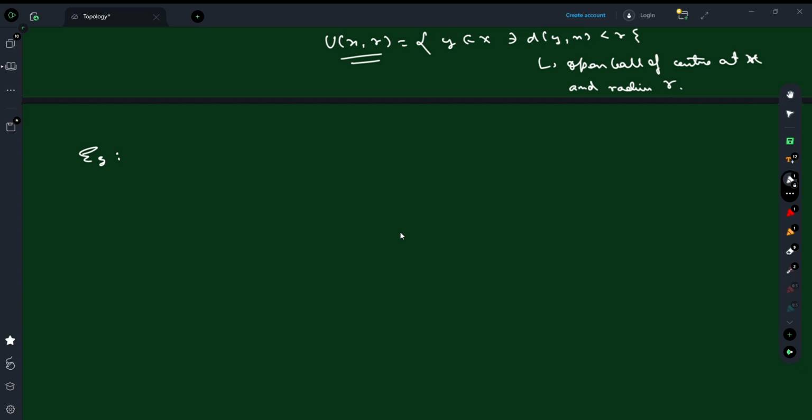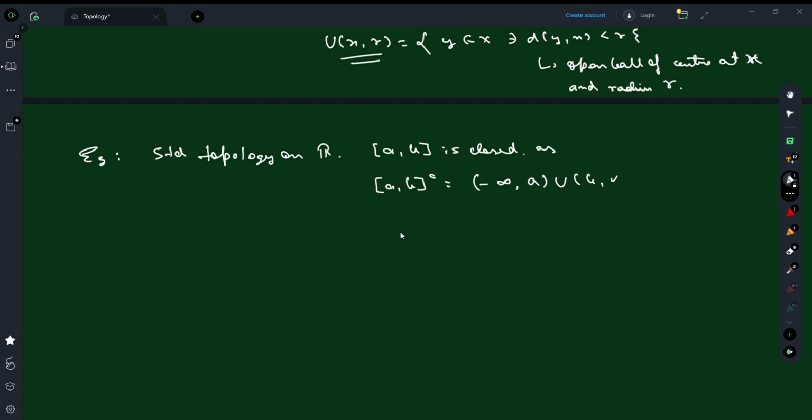If you consider the standard topology on R, then observe that the closed interval [a, b] is closed. What is the complement of this closed interval? It's basically this open set, minus infinity to a union b to infinity.